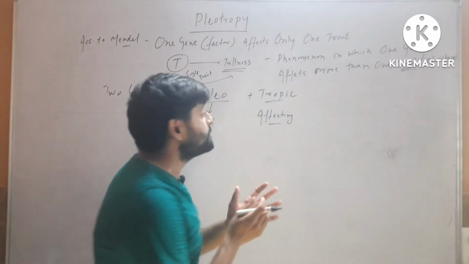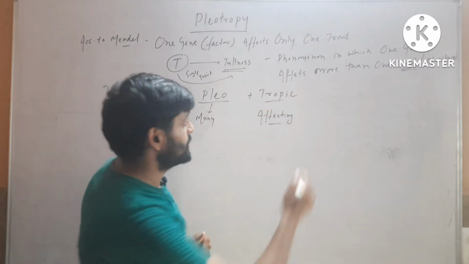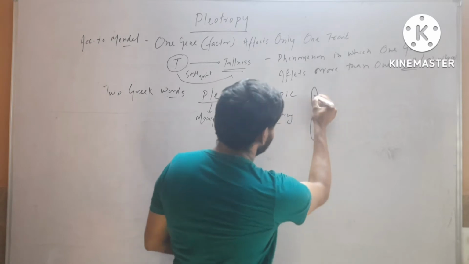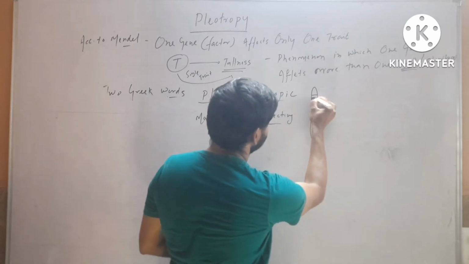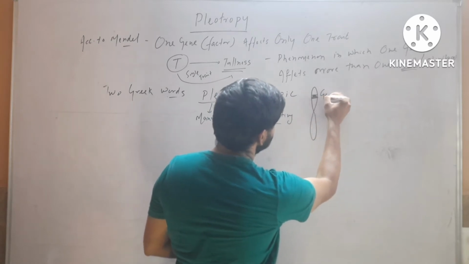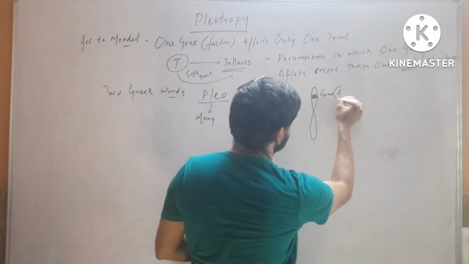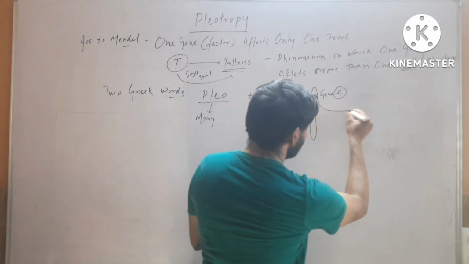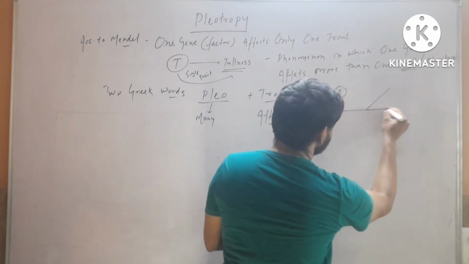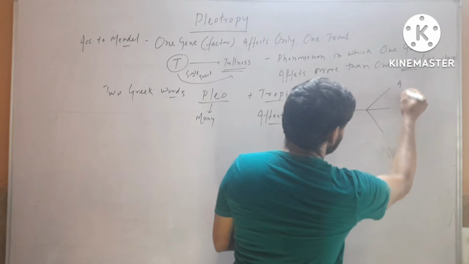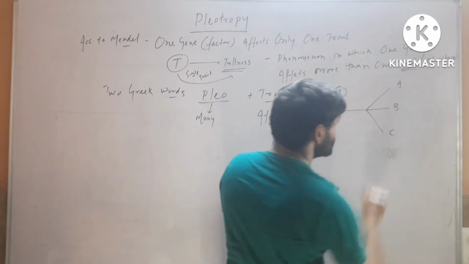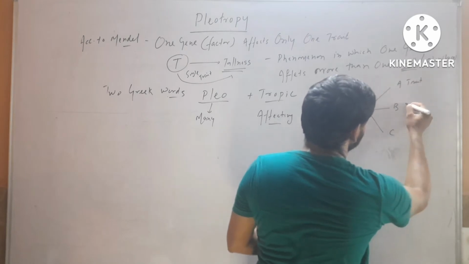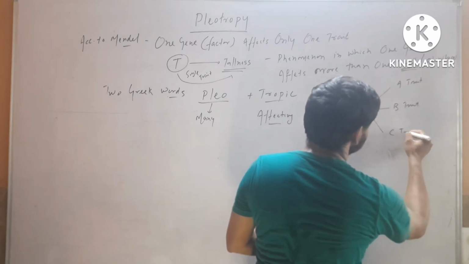So it is a phenomenon in which one gene, for example, this is a chromosome and there is a gene, that is gene A, and this gene A affects A, B, C. So these are traits: A trait, B trait and C trait.